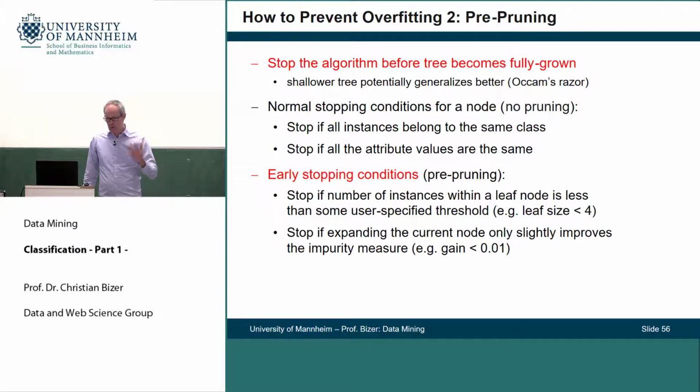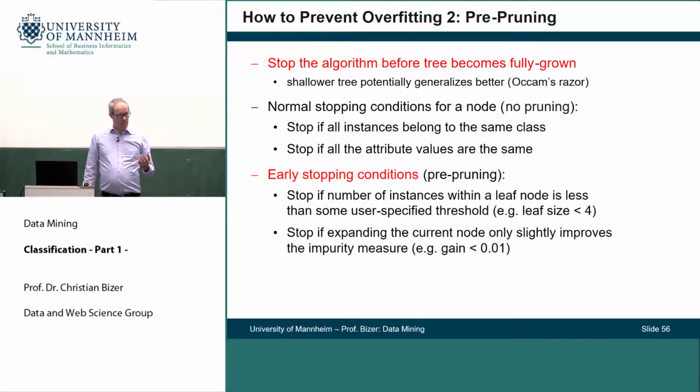But general idea, pre-pruning: normally we would stop if all instances in a sub-bucket belong to the same class, or all instances in the sub-bucket have the same attribute values. With early stopping, pre-pruning, we use a user-provided threshold. For instance, we say we generally stop splitting nodes that only contain 4 instances. Again, this minimal leaf size is a hyperparameter, something that we can experimentally set and see which of these thresholds works best.